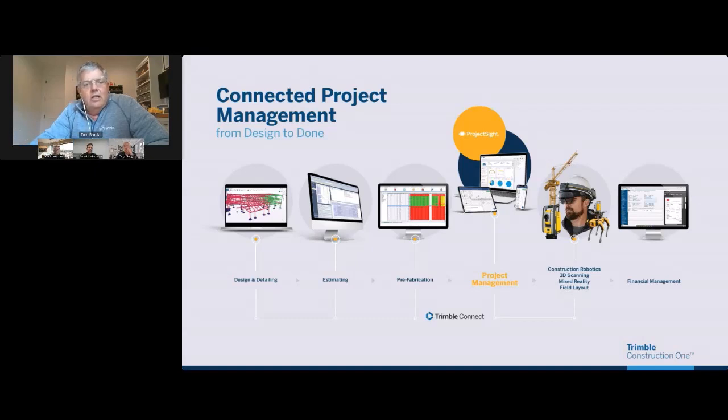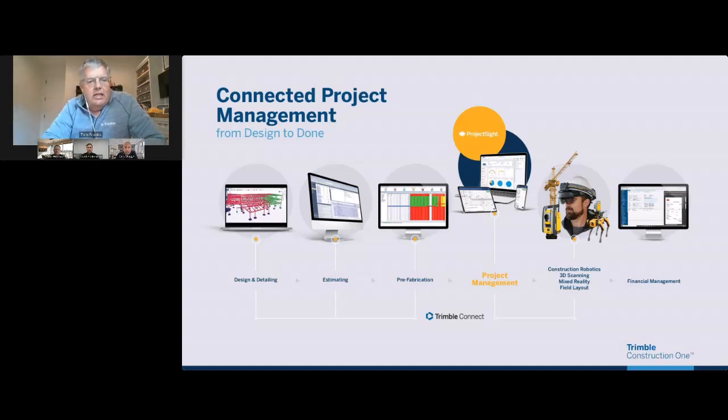And so when we look at the industry from a project management perspective and connecting that, we want to really try and connect it all the way back to the very early design end of it. If you can capture all of those drawings on napkins and things like that, even better, and compare that to the outcome.